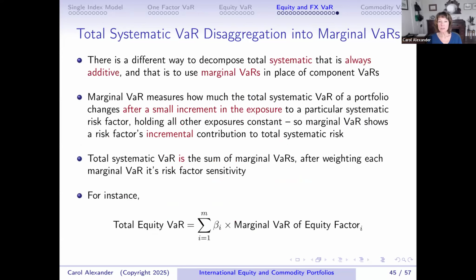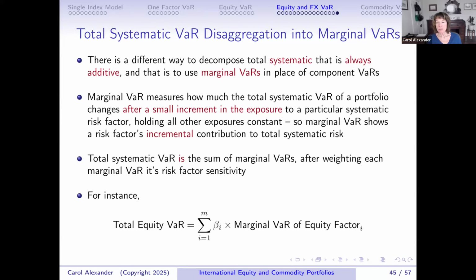But there is actually a way you can disaggregate total VaR into marginal VaRs. And marginal VaR is difficult to calculate. It's much more difficult to calculate than component VaRs. And so I'm not going to go through that in this lecture. But what is marginal VaR? It's how much total systematic VaR changes if you make a small increment in your investment in one little bit of the portfolio.